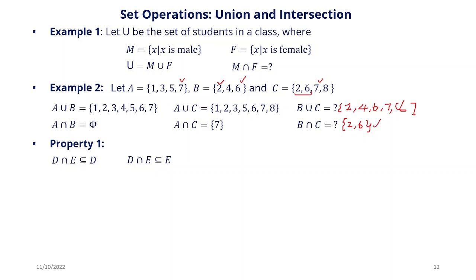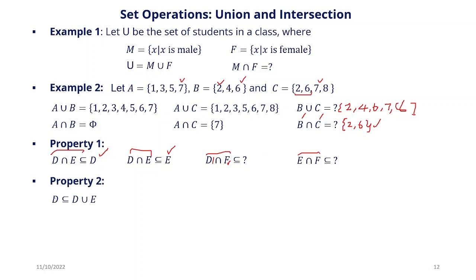It means that you can find these elements in B and you can find these elements in C. So that's why we say we can find this element here in D, and we can find the same element inside E. And if E and F intersect, any arbitrary sets E and F, we can find the elements of this intersection in E and we can also find them in F.